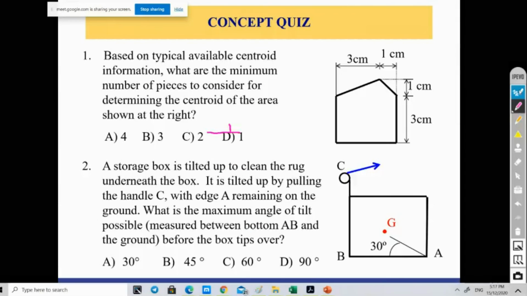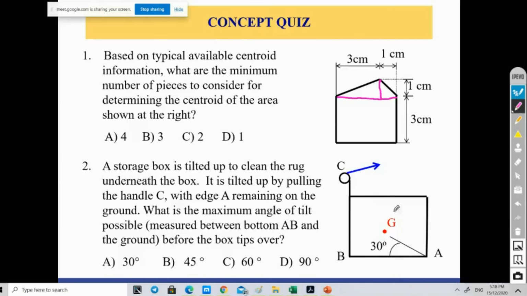As I mentioned, you just divide here so that we have a rectangle down here, and then divide here. In this case you have to divide because it is not symmetric: the length here and the length here differ. For the previous case, it's symmetric, so you don't need to divide because you already know it's at the middle plane, so it becomes 3.